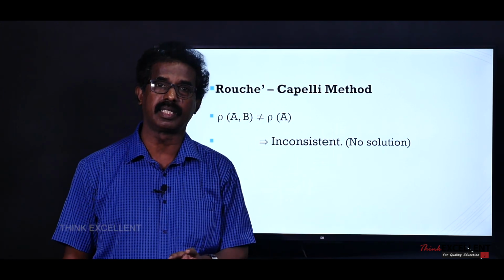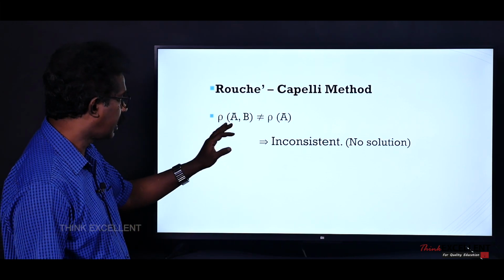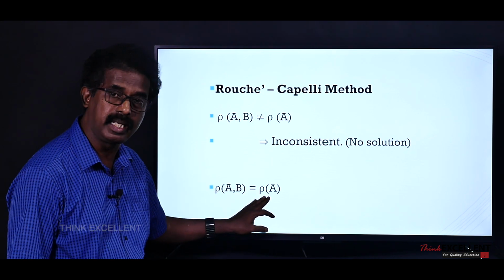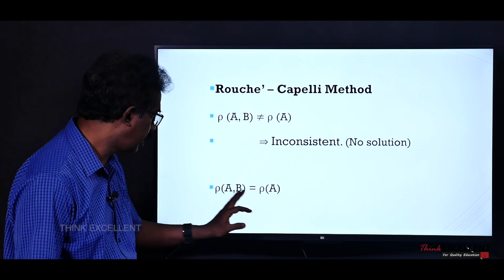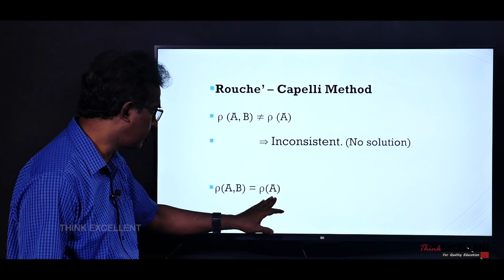The meaning of inconsistent is no solution. Then when the ranks are equal, we say it is consistent. The ranks can be equal as 3, 3 or 2, 2 or 1, 1.